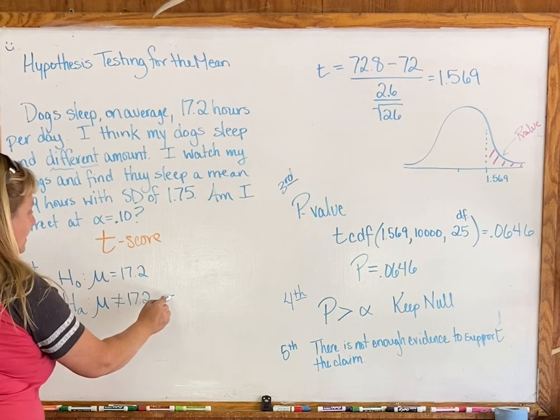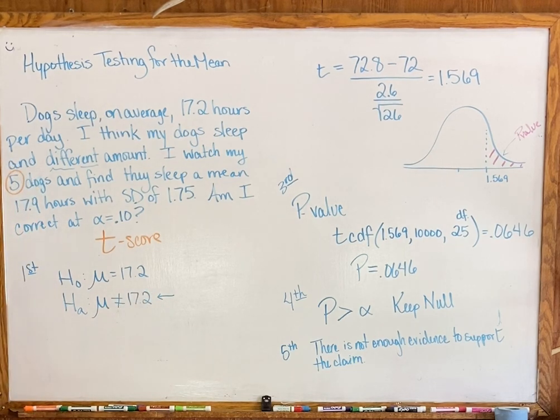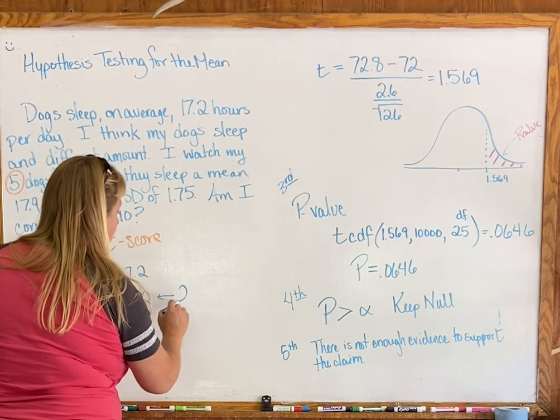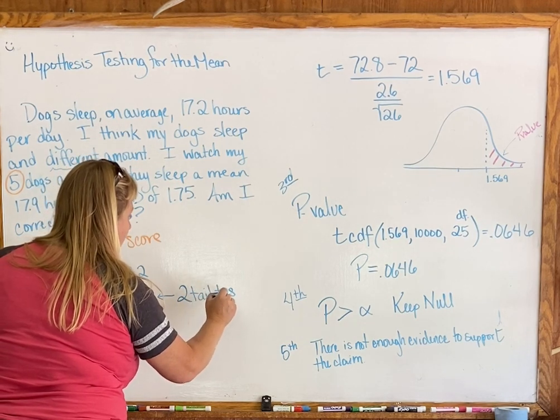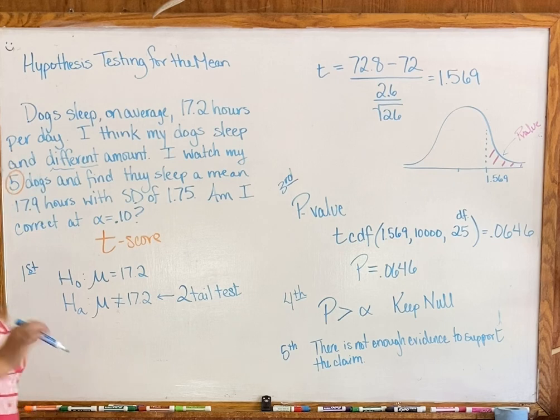Now, this actually causes us an issue. This means we're looking at a two-tail test, which is going to come into play later on in the problem. Okay, but from there, we need to go to our next step, which is to find our test statistic.